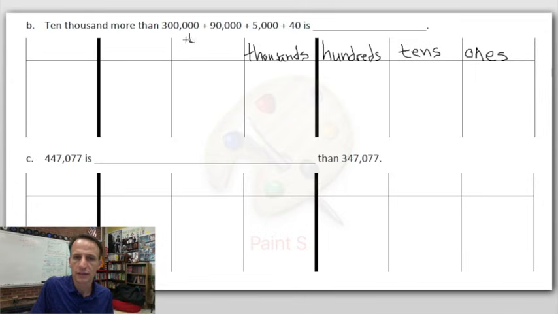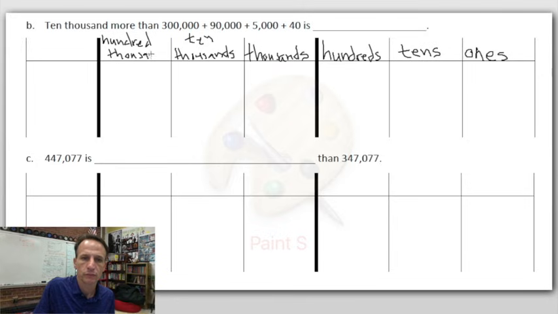Then 10,000s. And we have what? That's right, 100,000s. And lastly, millions.